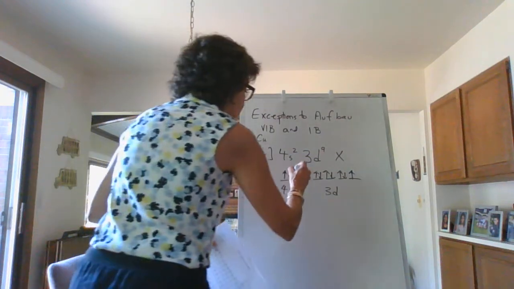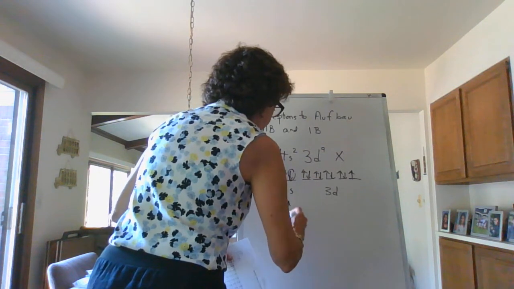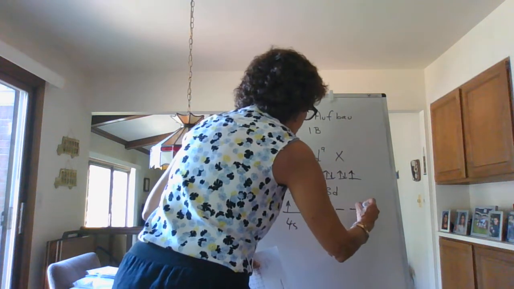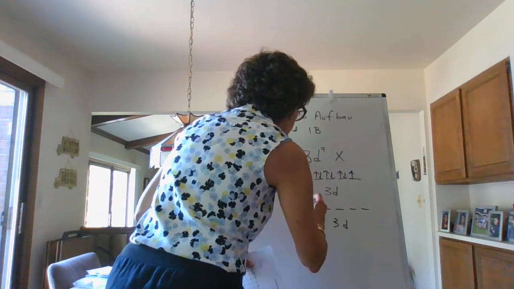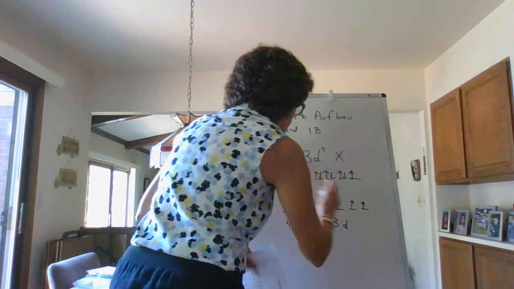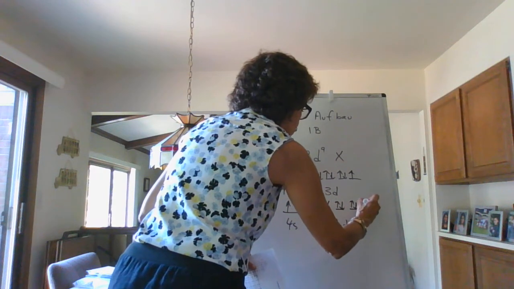So we're going to take this one electron, bring it over here. So your 4s is half filled, and then your 3d is now, because of this promotion of the electron, completely filled.